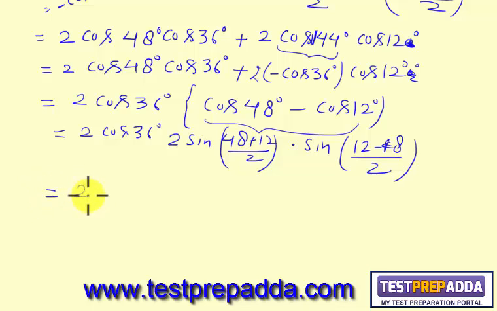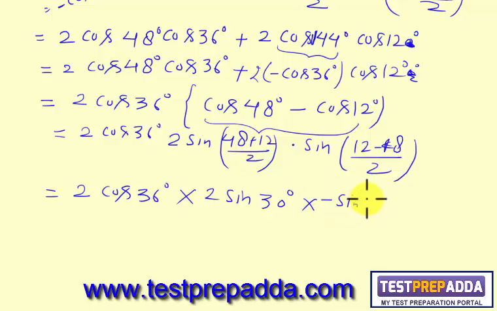Okay, so finally it comes what? 2 cos 36 degree into 2 sine, this becomes 30 degree into minus sine 18 degree. Okay, so ultimately the answer is going to be negative. 2 into 2 is 4. Now recall, cos 36 degree we have got in the previous sessions, and that value is (root 5 minus 1) by 4 into sine 18 degree.